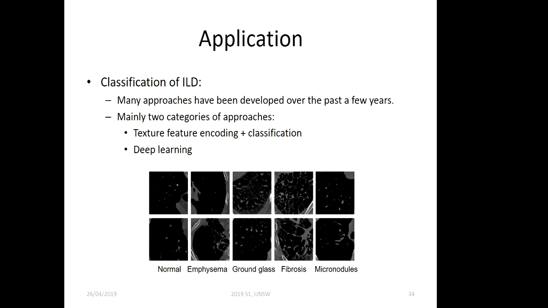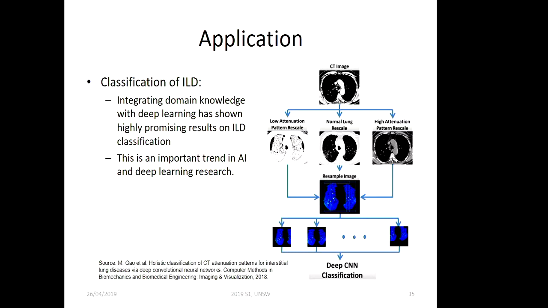Many approaches have been developed, starting from very simple filter-based texture representations to the later deep learning approaches. I just want to show you one case, one study last year about how they can integrate medical knowledge into the deep learning framework.